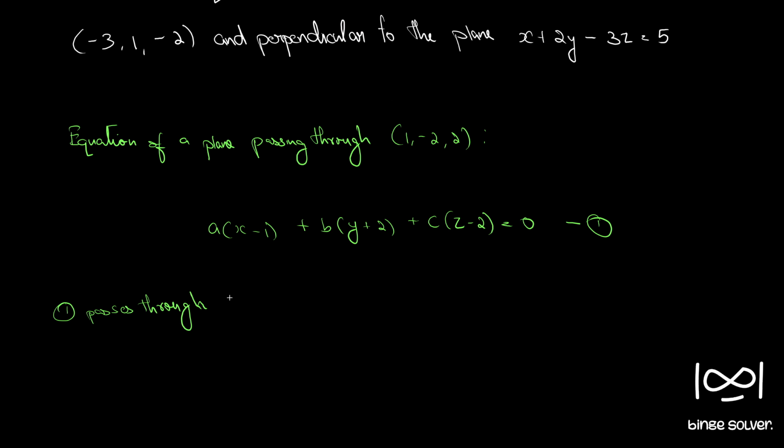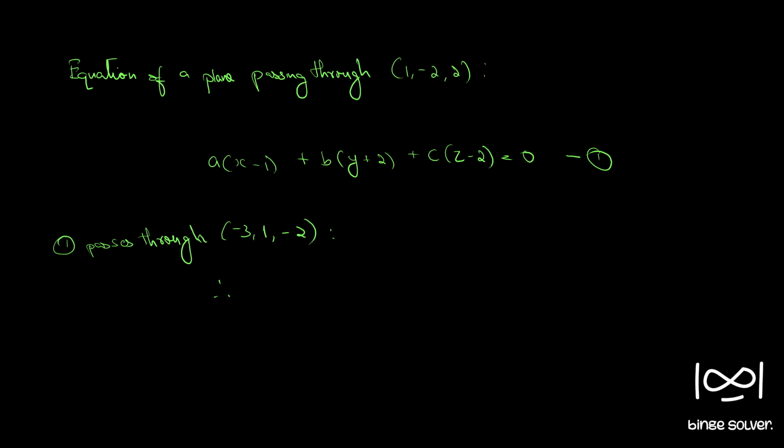Therefore, we have a(-3 - 1) + b(1 + 2) + c(-2 - 2) = 0.